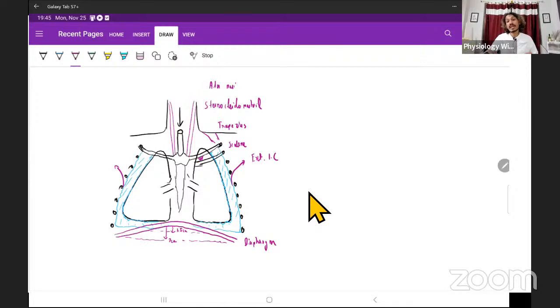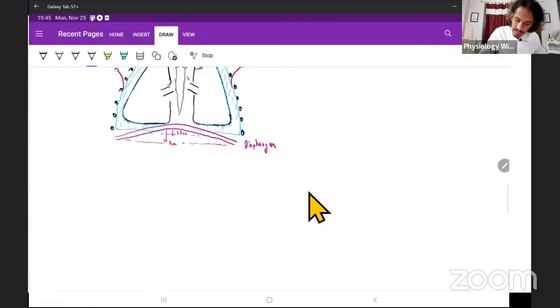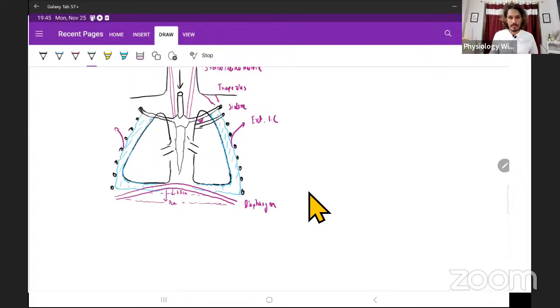Okay. But when we expire forcefully, that time you need some muscles to help you. So the muscle in the chest, which will push it inside, is your internal intercostal. There's a muscle here like this, which is internal intercostal. So that push from the chest is there.